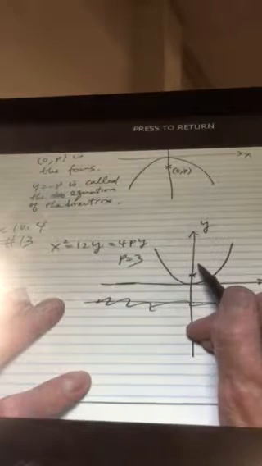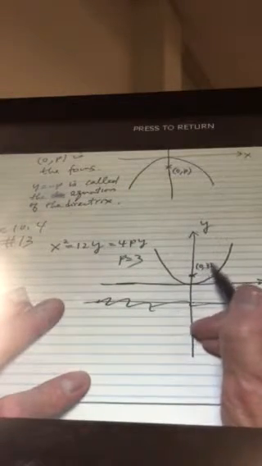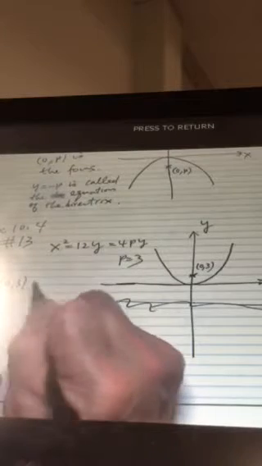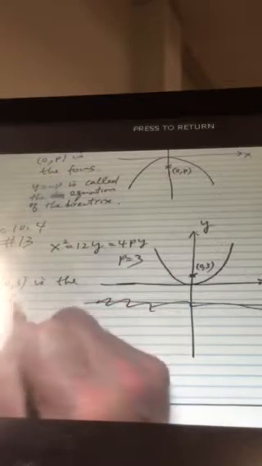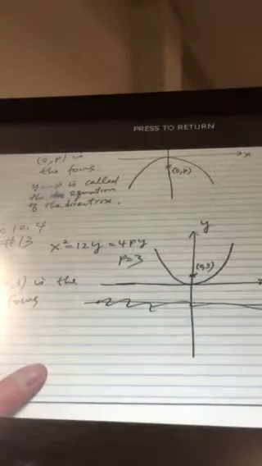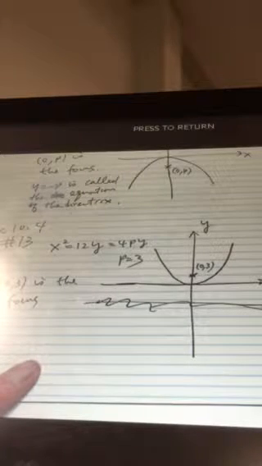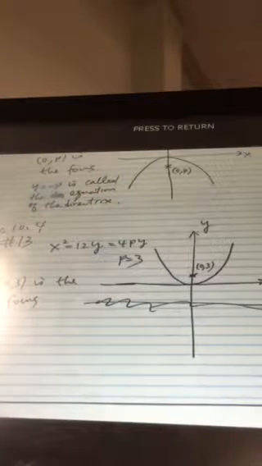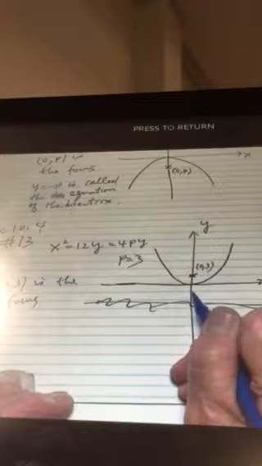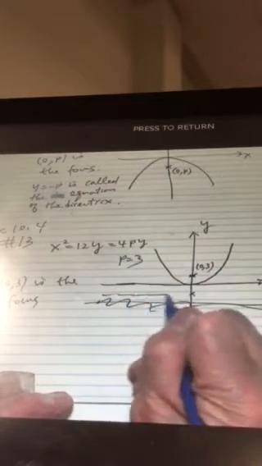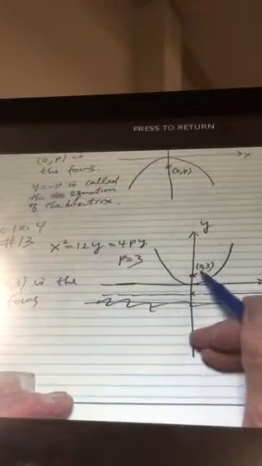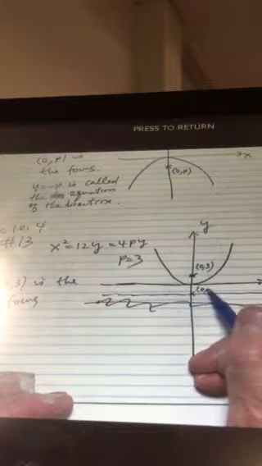So (0, 3) is the focus. And then this particular line: if this is (0, 3), this will be (0, negative 3), right?